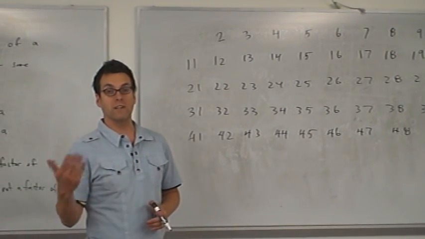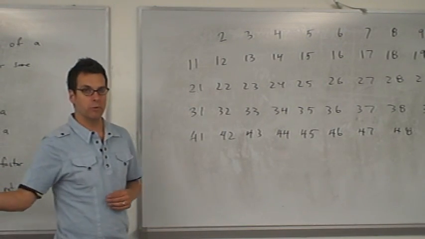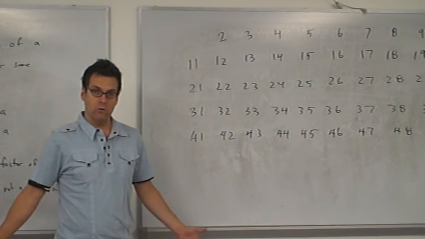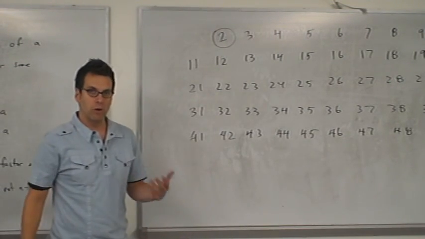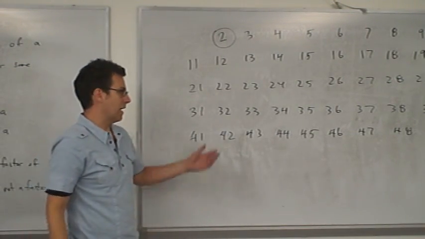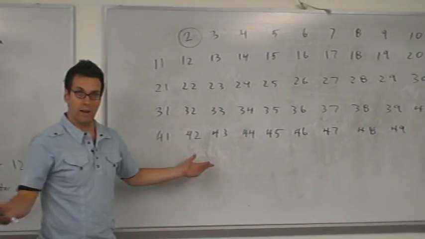And I want to motivate the discussion of prime numbers with a simple example that uses the concept of multiples. The first thing I'm going to do is cross out all of the multiples of 2 in this list. Now again, this list could certainly continue on and on; I just ran out of room at 50.